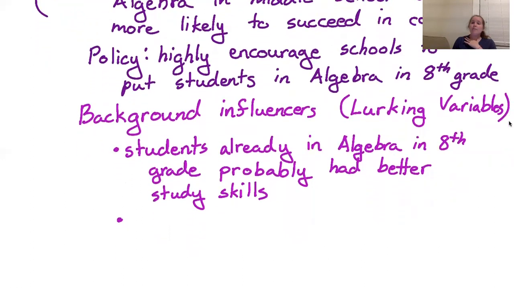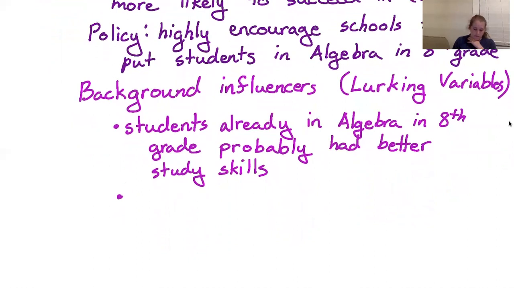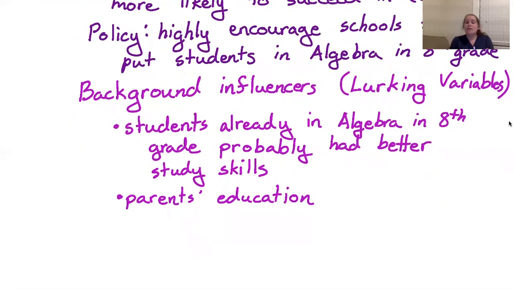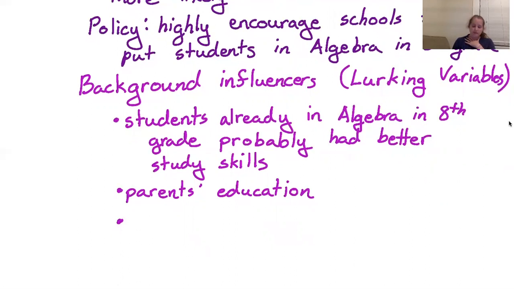Something else that might be in the background, parents' education. If you have parents that are comfortable with algebra and can help their students with math, they're more likely to be in algebra by 8th grade. They are also probably more likely to succeed in college just from having that continued support through school. Having parents at home to help, right?